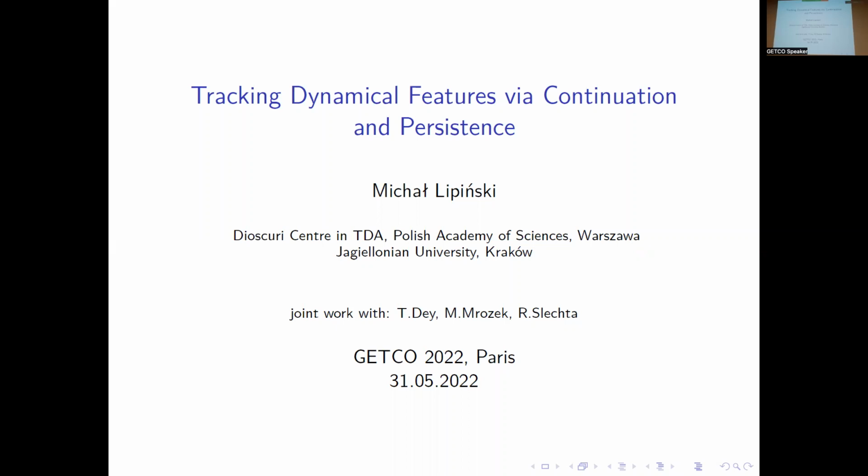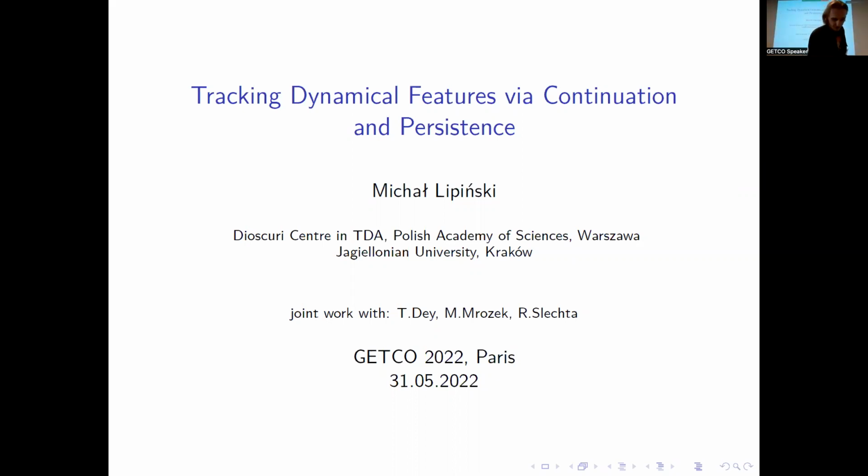This is a very related topic to what Ryan explained, and also to the talks that we had in the morning, because we'll still be in the realm of multivector fields. And this paper is a joint work with Tamadej, Mrozek, Ryan Slechta, and me.